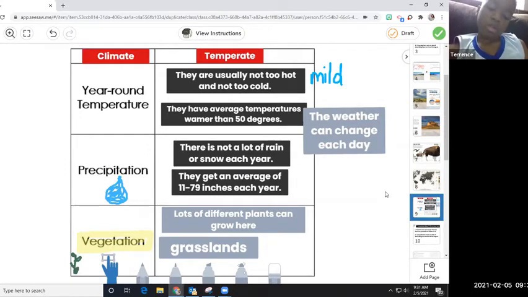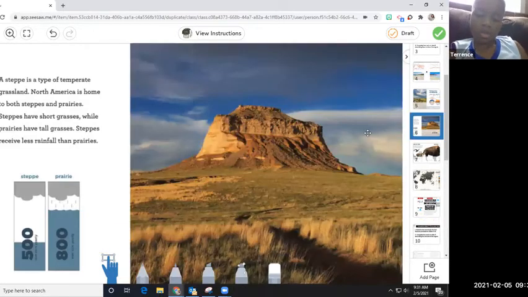Okay. We have read all of slide 5. We're getting ready to take a look at slide 6. Okay, so you've added grasslands. Let's take a look at slide 6. Slide 6 says a steppe is a type of temperate grassland.